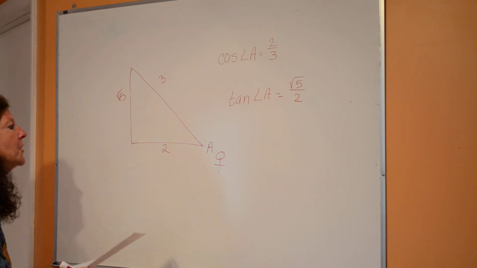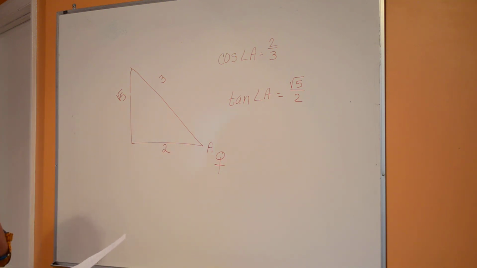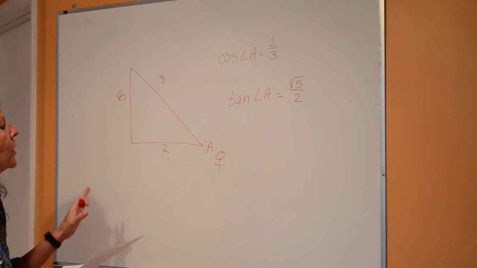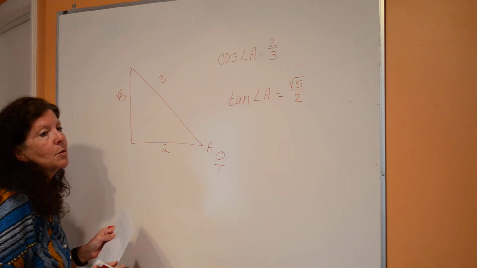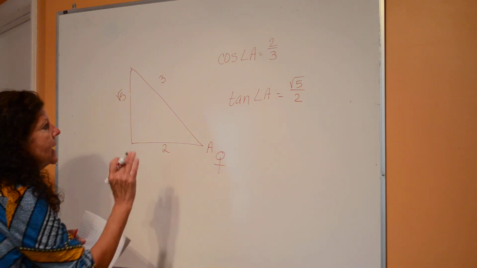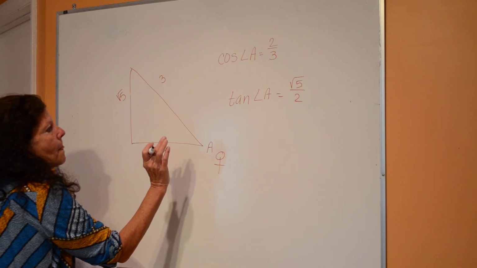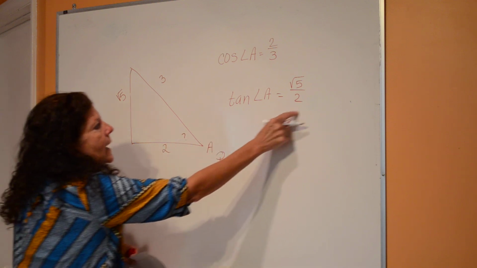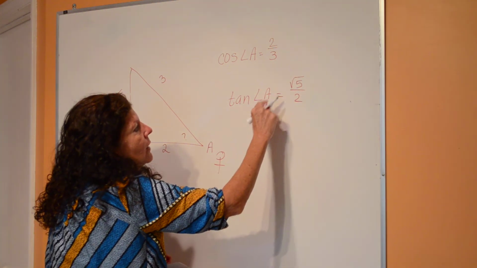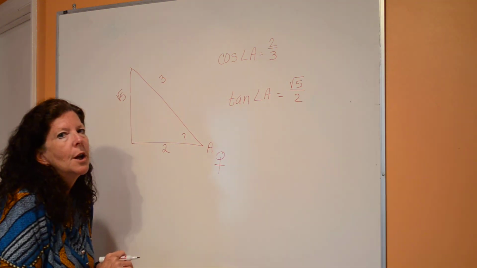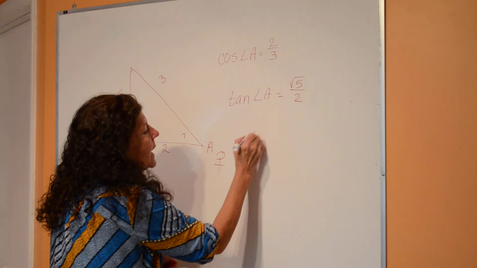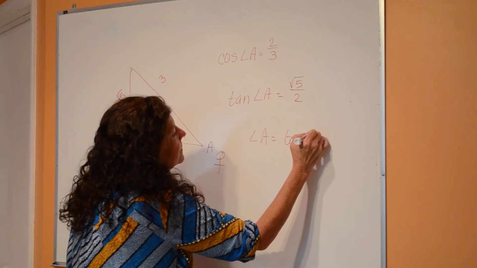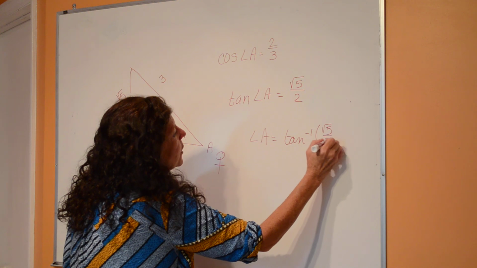All right. There are times when you use this type of information to find what the angle of A is. Okay? And in order to do that, you're going to have to use what we call an inverse function. So let's say I want to know what the measurement of that angle is. So what I have is the tangent of angle A is the square root of 5 over 2. Well, in order to find what angle A is, I'm going to have to take the inverse tangent of the square root of 5 over 2.